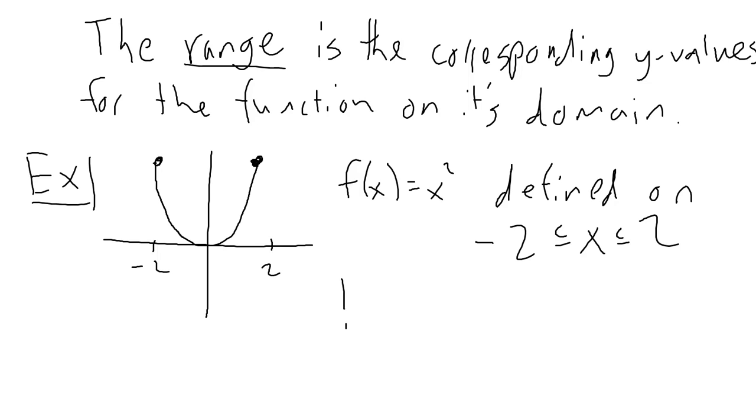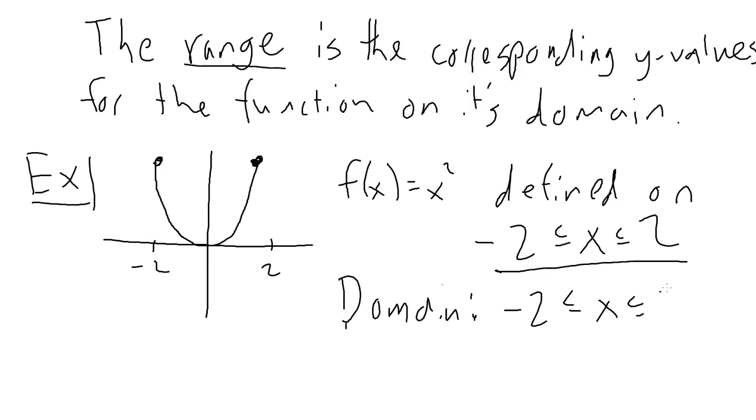So for the domain, we still have to make sure we don't have any issues between -2 and 2, but we can see clearly by looking at the graph that for each x value in between those two, we get a value for the function, and only one value. So it is a function, and its domain is that whole interval, but only that, because that's the only place our function is defined.